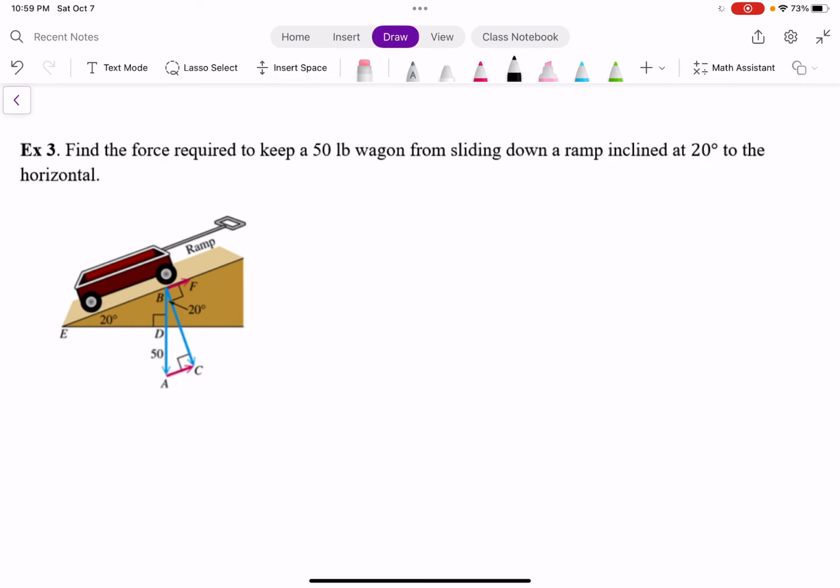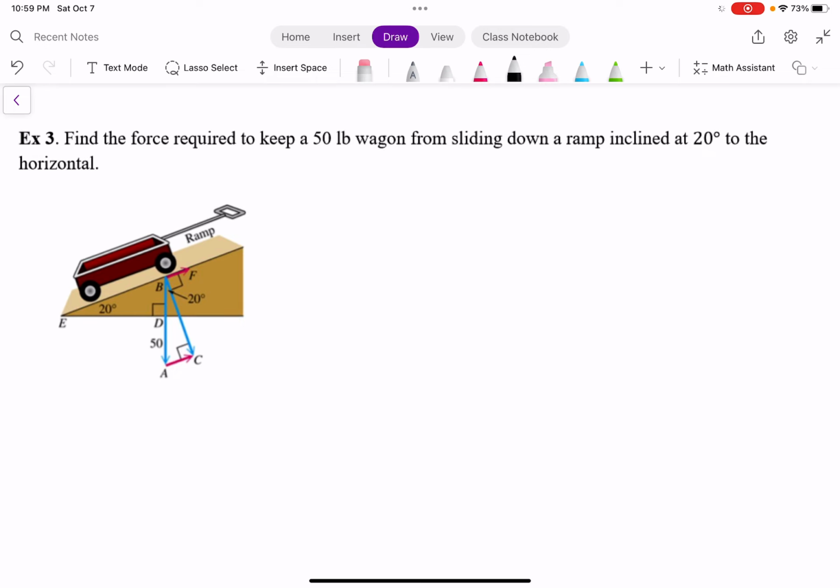If I have a wagon stay here, it has a force going down because it's 50 pounds. This force can be divided into two parts: one is parallel to the incline, the ramp, and another one is perpendicular to the ramp.